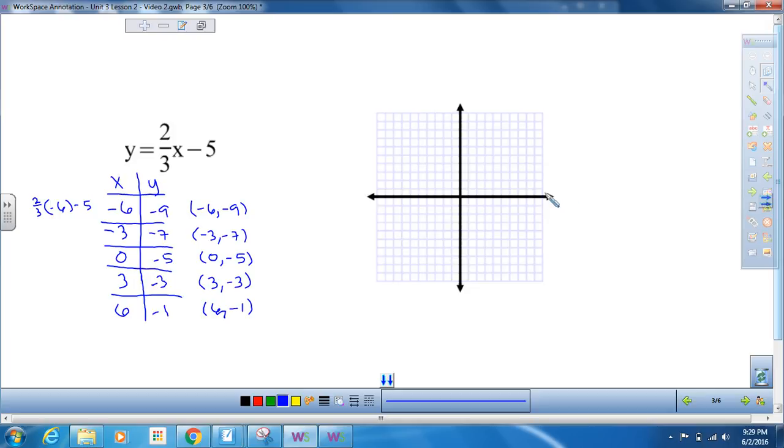Okay, let me mark my scale. Again, I'm going to count by ones. So this is 10 by 10. Alright, so negative 6, negative 9. Negative 3, negative 7.